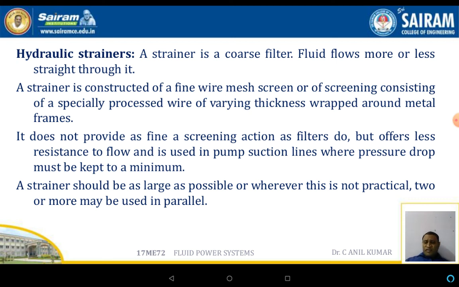It does not provide a fine screening action as filters do, but offers less resistance to the flow and is used in pumps, especially in the suction line where the pressure drop must be kept to a minimum. The strainers should be as large as possible, or wherever that is not practical, two or more may be used in parallel. Depending upon the type of application, we use either filters or strainers, but in some cases both can also be used.